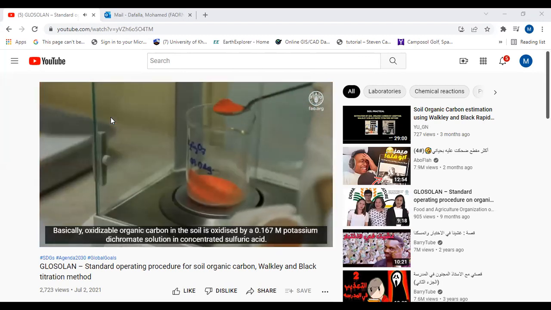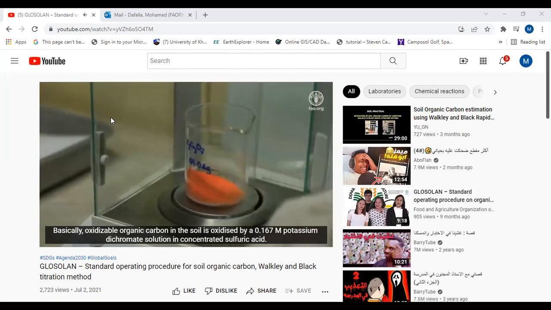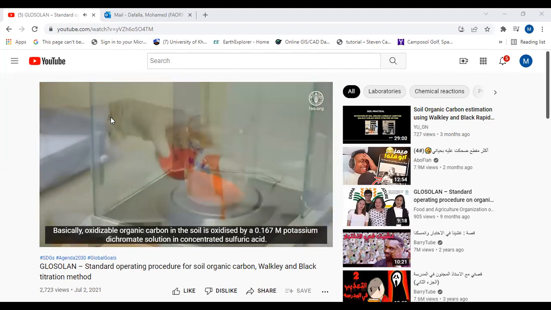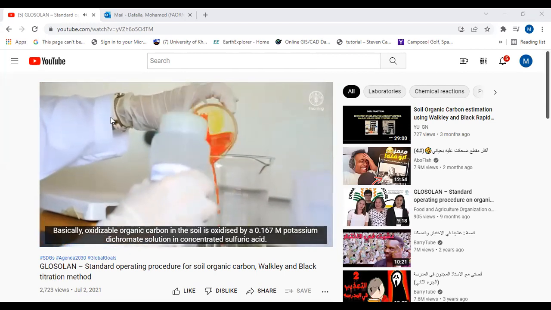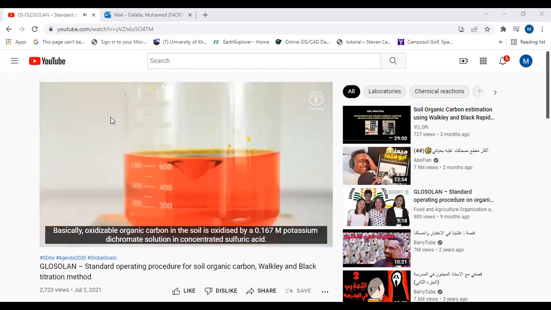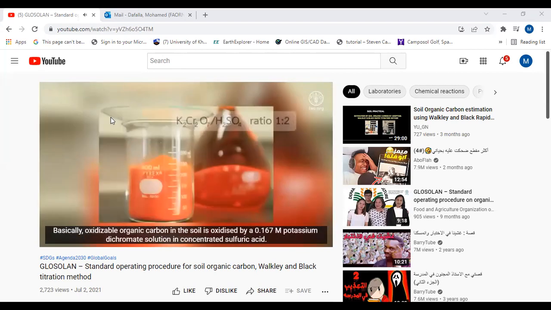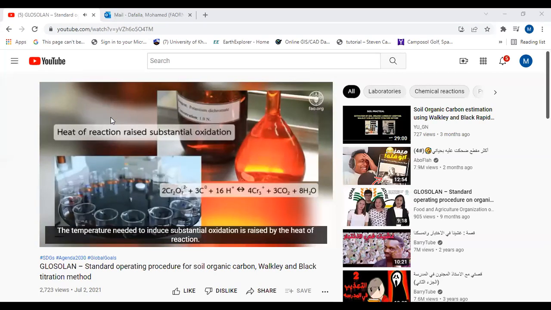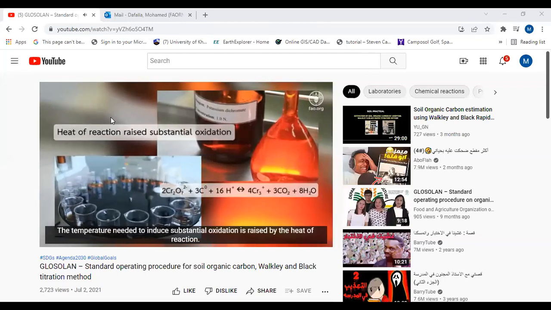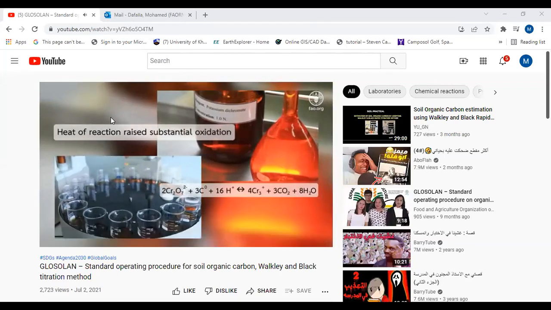Basically, oxidizable organic carbon in the soil is oxidized by 0.167 molar potassium dichromate solution in concentrated sulfuric acid. The temperature needed to induce substantial oxidation is raised by the heat of reaction.